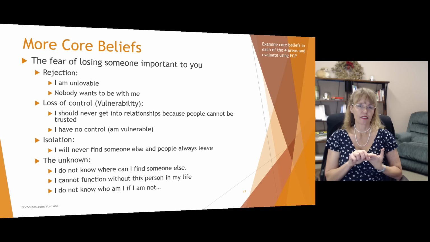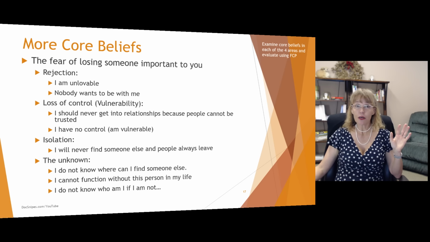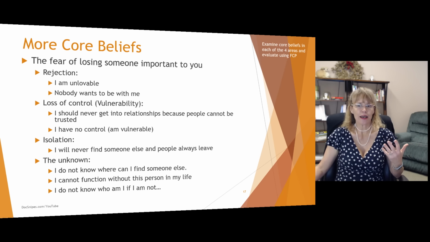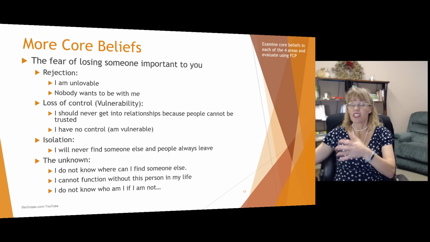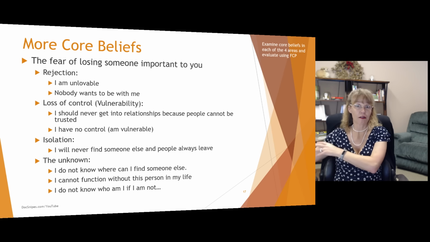Isolation: I will never find someone else and people always leave. Or the unknown: I do not know where I can find someone else. I can't function without this person in my life. Or I don't know who I am if I'm not such and such's best friend, or such and such's spouse, or such and such's parent.